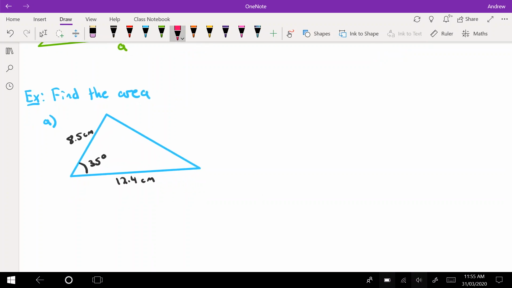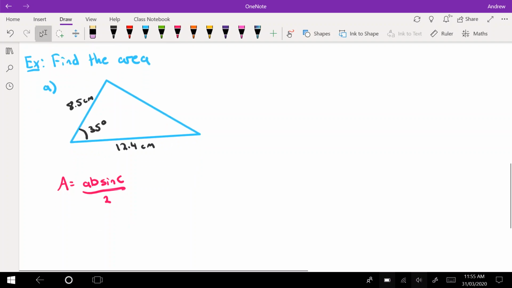Well, we just said the area rule. Area equals AB sine C over 2. A and B are two sides. Sine of C is the sine of the angle in between them. So now I just substitute all of my values into my equation. 8.5 times 12.4 times the sine of 35 over 2.